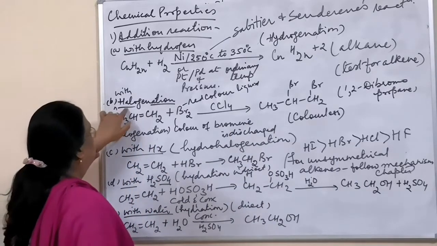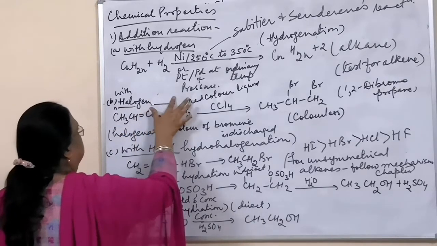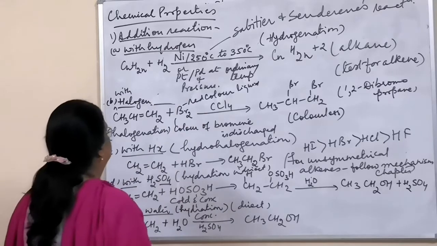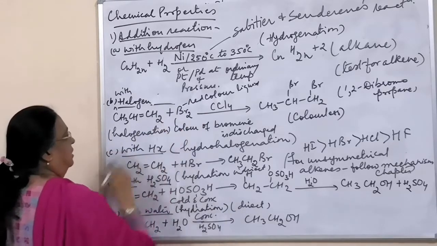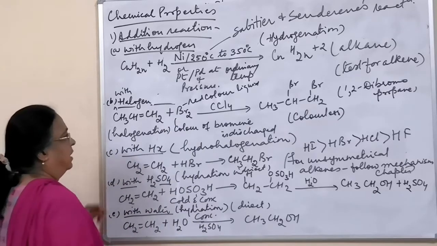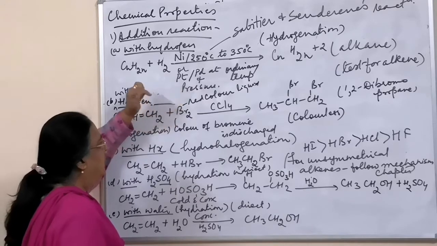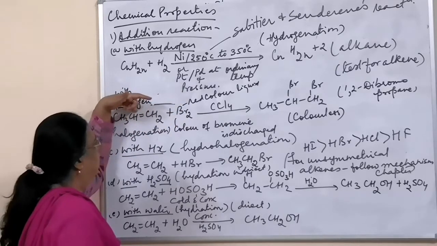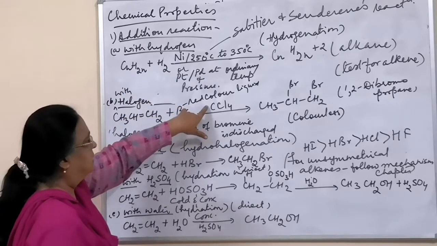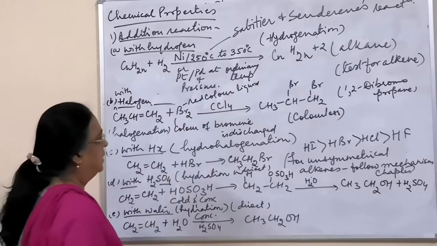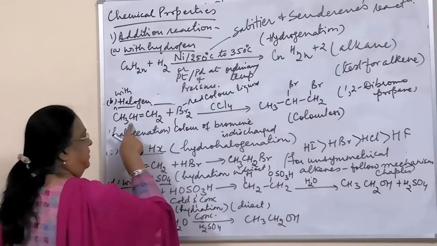Then the reaction with halogen is called halogenation. Bromine is used. Bromine exists as a red-colored liquid, and when bromine is added to an alkene in the presence of an inert solvent, carbon tetrachloride, one Br will be attached here, the other Br here.